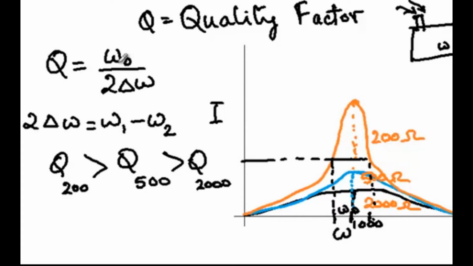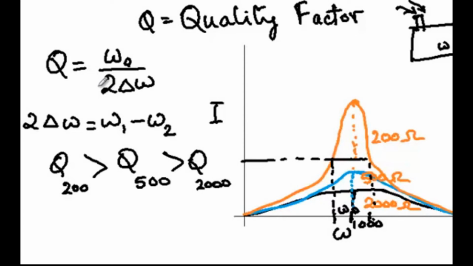If you look at this expression over here, you will see that omega naught does not depend on resistance. But these two frequencies, omega 1 and omega 2, are going to depend on the resistance of the circuit. So the quality factor is affected by the resistance in the circuit.